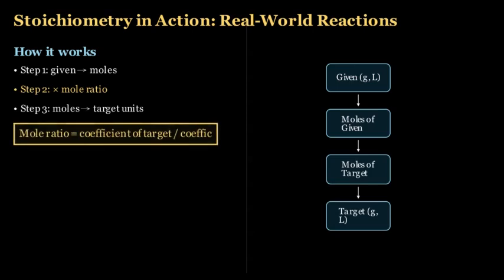That ratio is the conversion factor that switches you from the substance you know about to the substance you want to find. Step 3, convert those moles of the target into whatever units the problem asks for, like grams or liters, again using molar mass or gas laws. The whole trick is that the mole ratio is the only bridge between different substances.